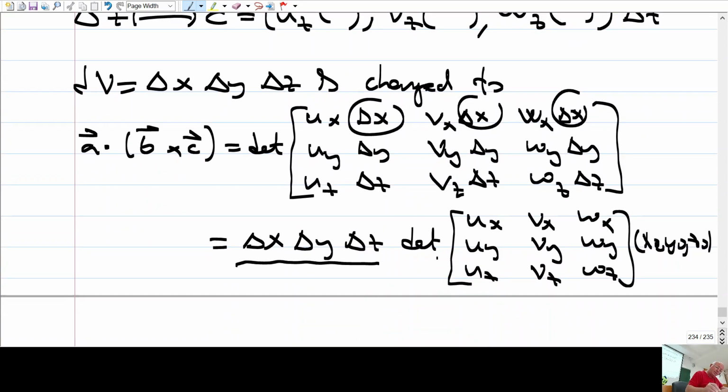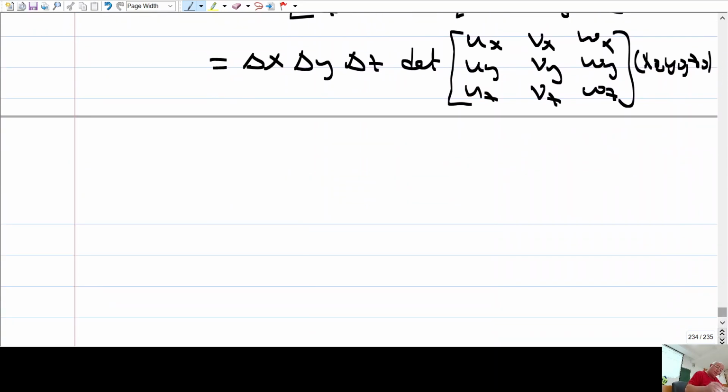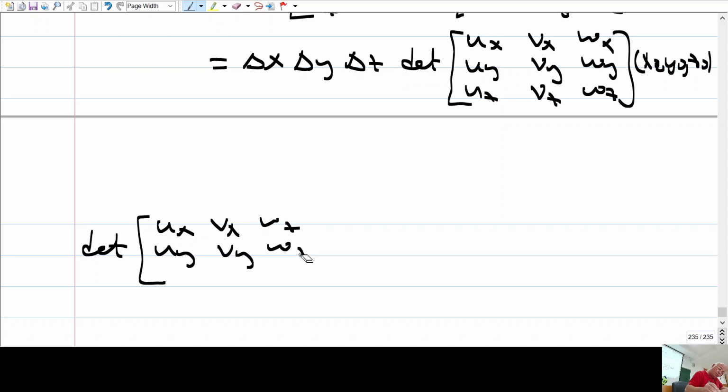So it is multiplied with this determinant: u sub x, v sub x, w sub x, u sub y, v sub y, w sub y, u sub z, v sub z, w sub z.